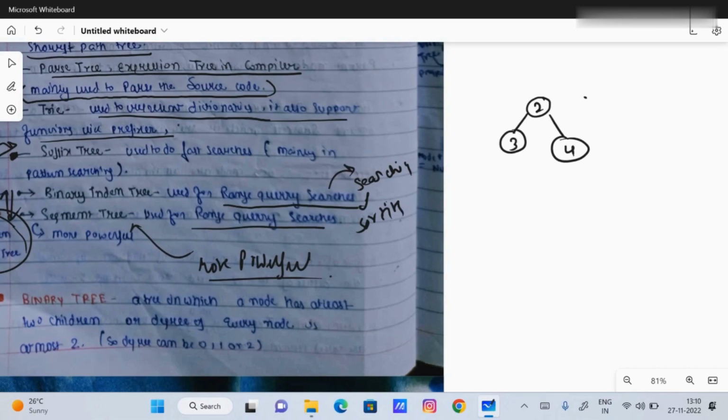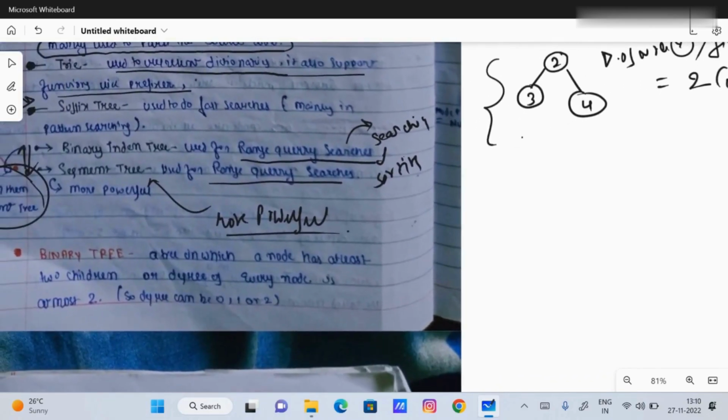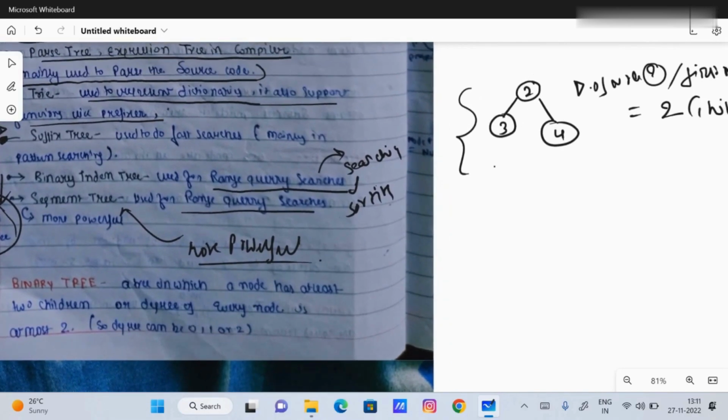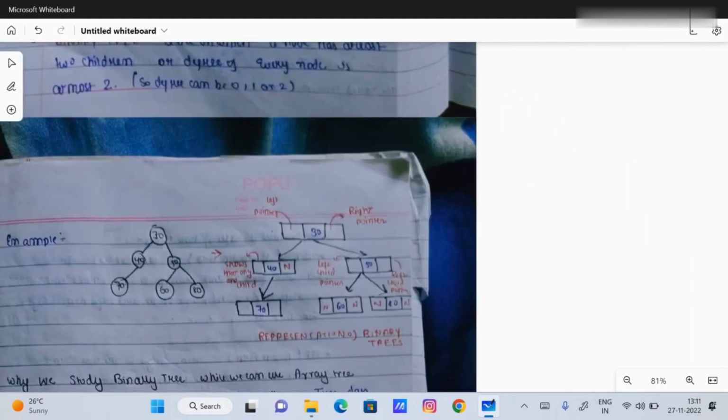The degree of node 2, the first node, is 2 because it contains two children. Hence we can consider this as a binary tree. Degree can be 0, 1 or 2, but not more than 2. This is known as a binary tree.